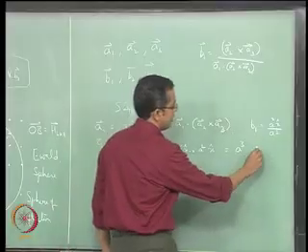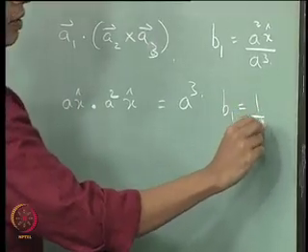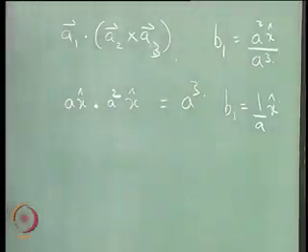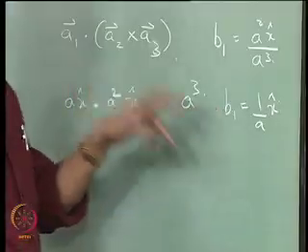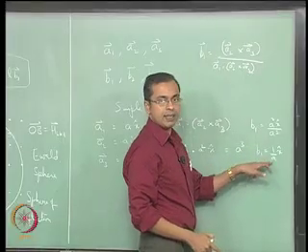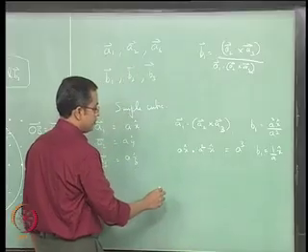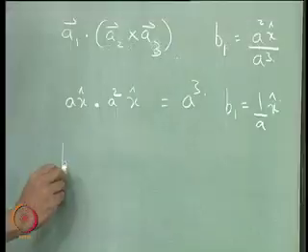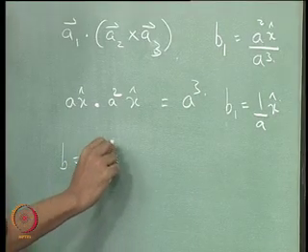So therefore B1 equals 1 by A x cap. In other words, B1, the reciprocal lattice vector, has the dimension of 1 by A and the direction is still x.